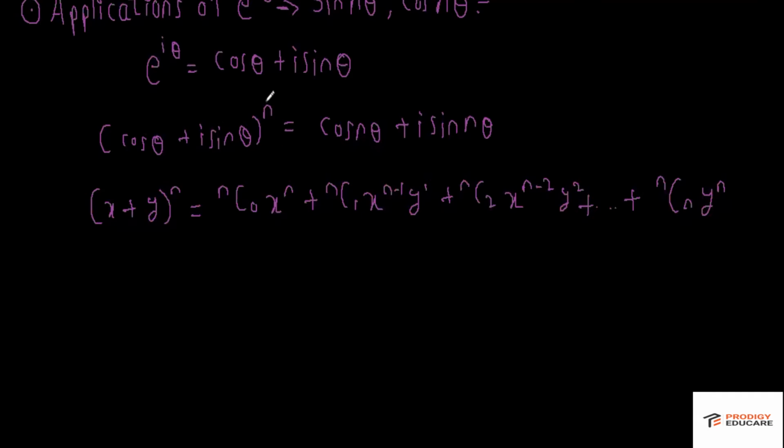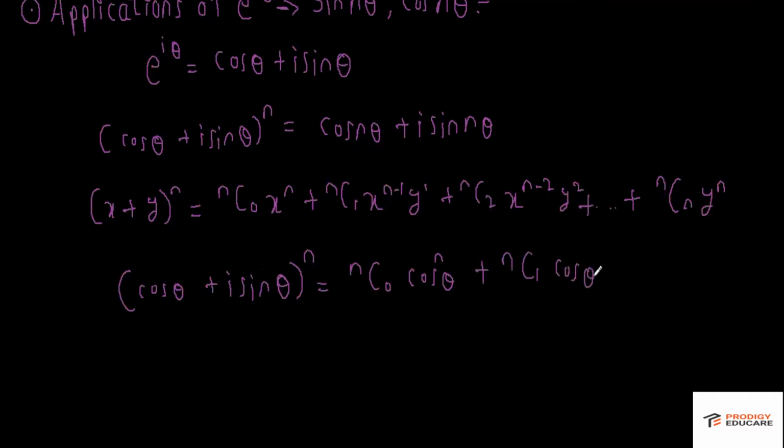Similarly, we'll use the binomial theorem in this case. So I'm having here (cos theta plus i sin theta) raised to n. This will be equal to, first of all, nC0 cos theta raised to n, then plus nC1 cos theta raised to n minus 1 sin theta raised to 1.